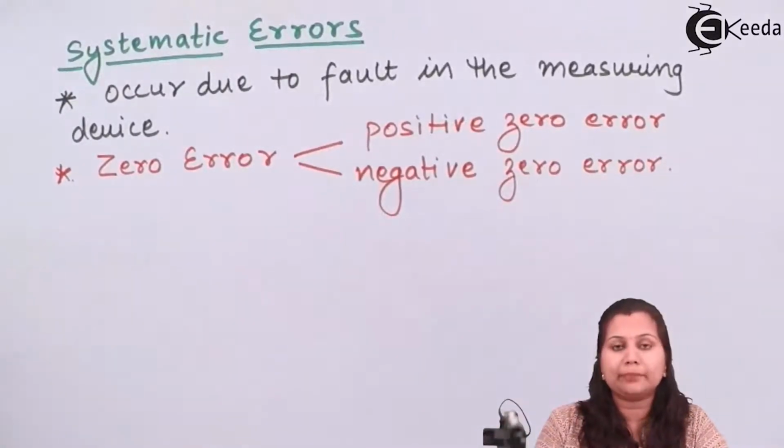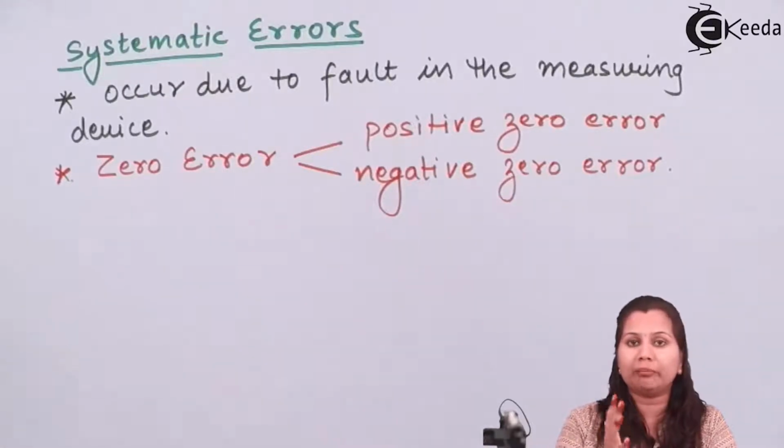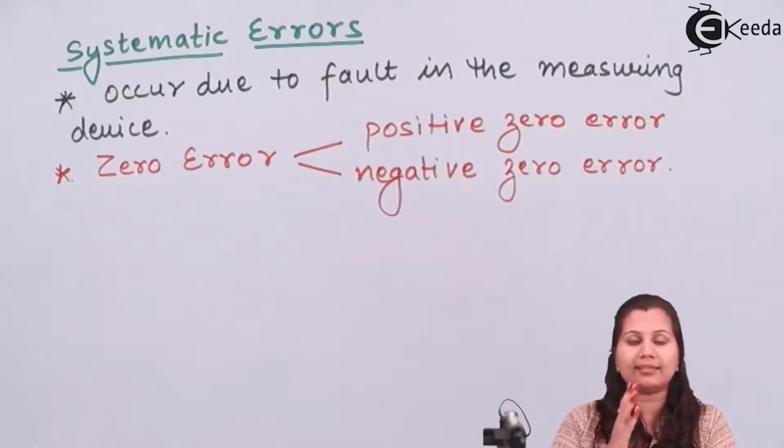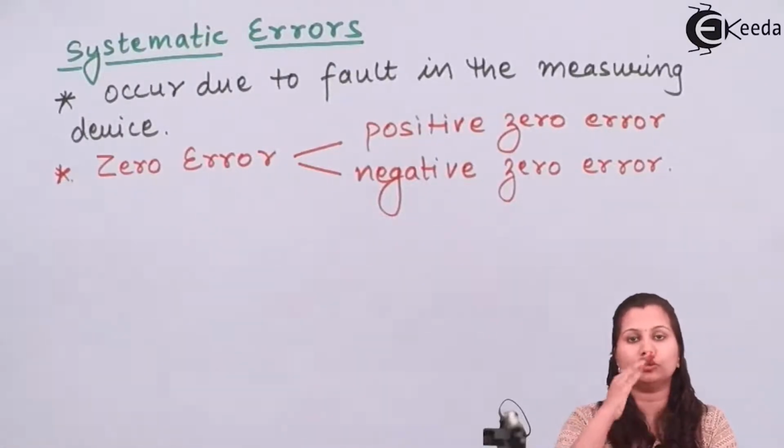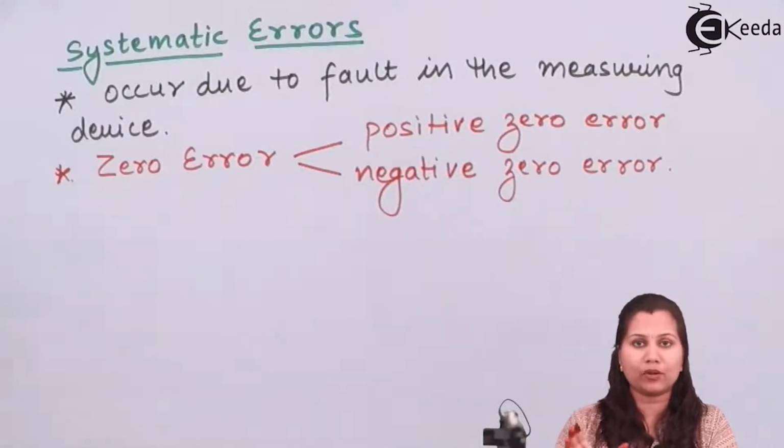A well-known example of systematic error is the zero error. Zero error occurs in those instruments which are of indicating type. Indicating type means we have a pointer there, and due to the deflection of the pointer, we can measure the unknown quantity. Now this pointer moves over a scale, and this scale has various divisions on it, like suppose it is measuring from 0 to 100 amperes of current.